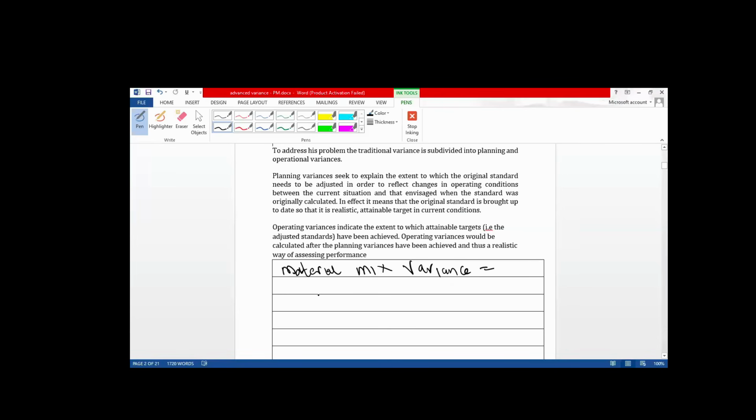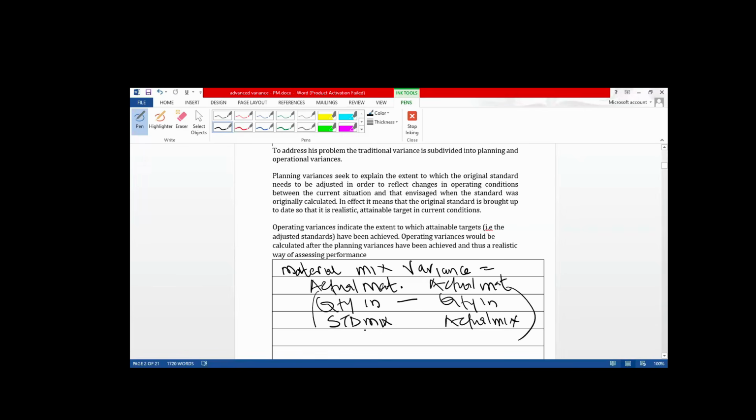This is calculated as actual material quantity in standard mix minus actual material quantity in actual mix.